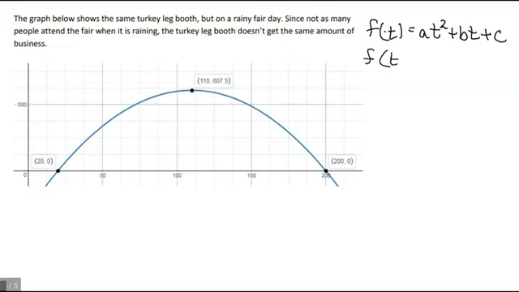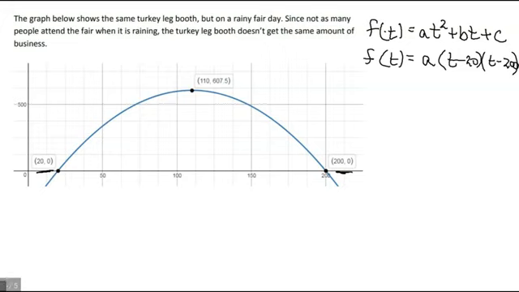I know that this is the standard form, what I first wrote. I'm now going to write the factored form of the equation. And I know that the two binomial factors represent my x-intercepts. And so my first x-intercept is at 20 and my second one is at 200. So I know that my binomial factors have to be t minus 20 and t minus 200.